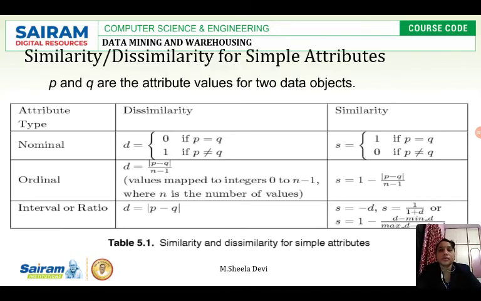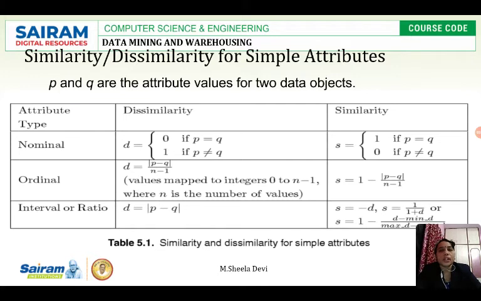How can we measure similarity or dissimilarity for simple attributes? That's what we are going to see here. In the previous videos we have seen the types of attributes: nominal, ordinal, and interval or ratio. For nominal attributes, we use a formula to calculate the dissimilarity between two data objects in the data warehouse.